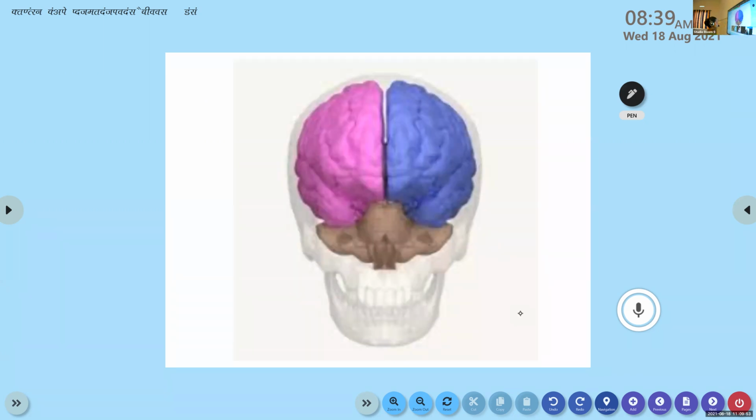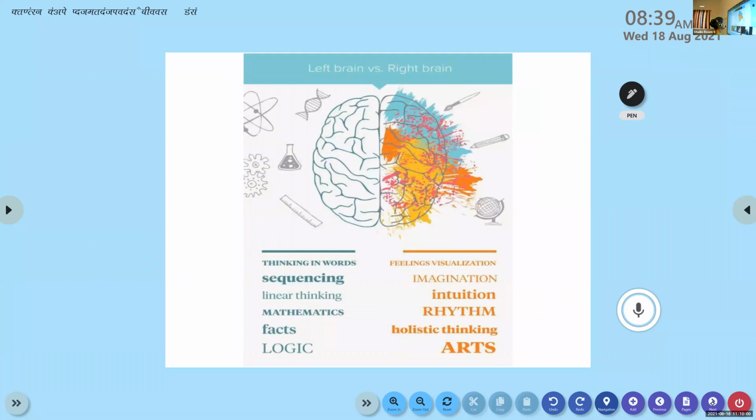When we look from the other angle, it looks like this, the left and right hemispheres.